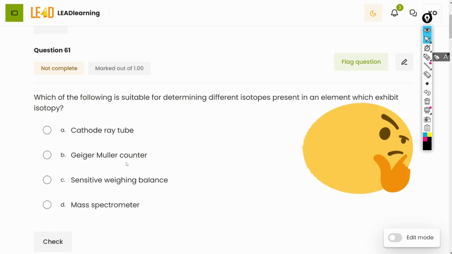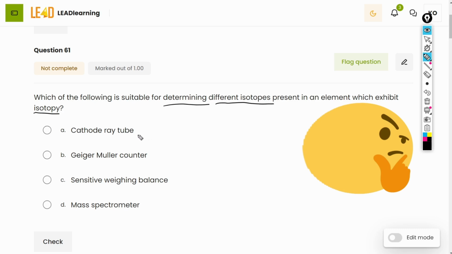Question 61. Which of the following is suitable for determining different isotopes present in an element which exhibits isotopy? Now let us look at the root of this question. It's asking us which of the following methods would determine the different isotopes.